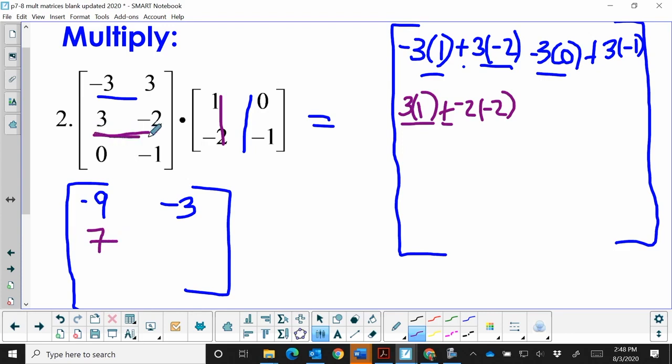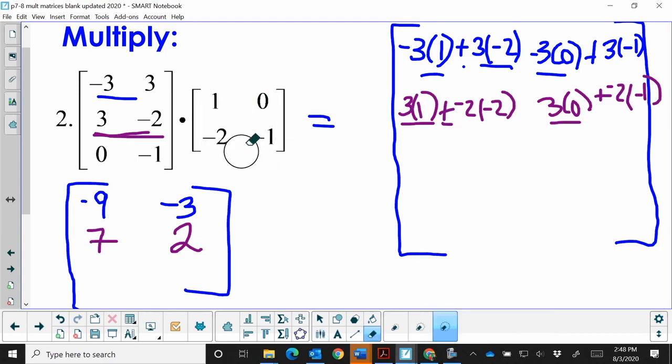And then I'm going to take the 3, -2 times my second column. So that's 3 times 0 plus second row, second column, -2 times -1. So that's 0 plus 2. That's just a 2. Okay, now let's go to the last one.